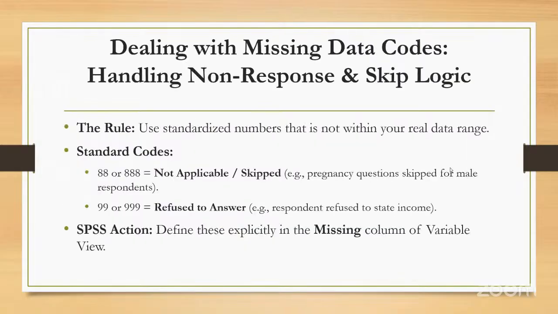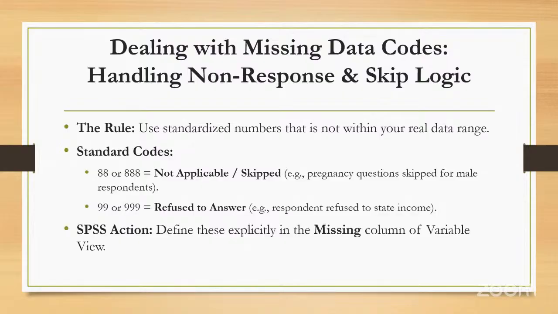Okay. So now the other bit is how do you deal with missing data codes or handling non-response and skip logic? Usually what we do is use a standardized number that is not within your real data range, something that is not plausible that anybody can have in your numbers. For instance, a lot of times people use 88 or 888 for not applicable or skipped.